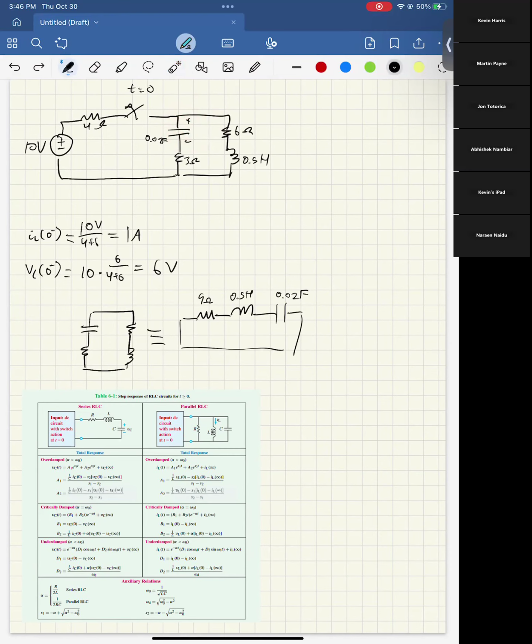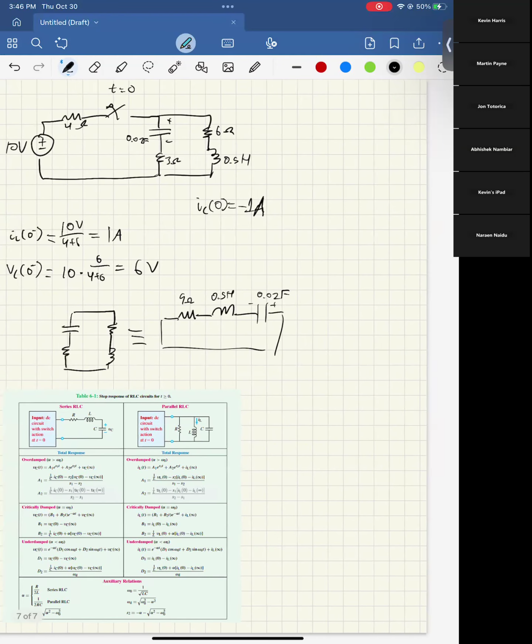So we're going to say that IC of 0 equals negative 1 amp. That's what I was saying at the beginning can be confusing. Now that we have that, we can just label it like this.